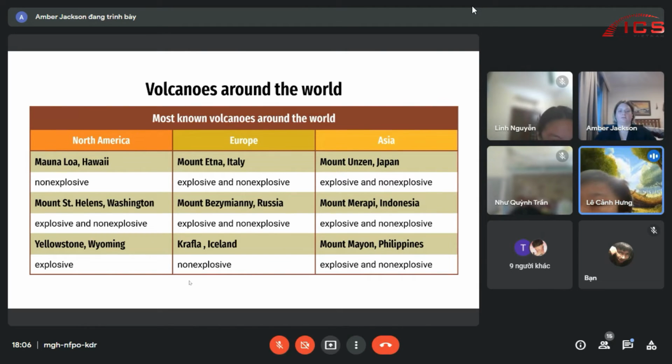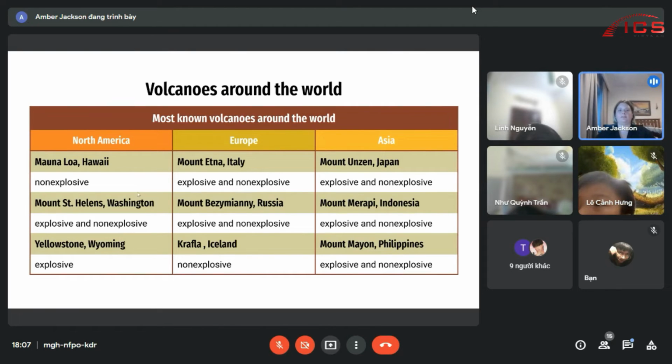Krafla, Iceland, non-explosive. Mount Usu, Japan, explosive and non-explosive. Mount Merapi, Indonesia, explosive and non-explosive. Mount Mayon, Philippines, explosive and non-explosive.